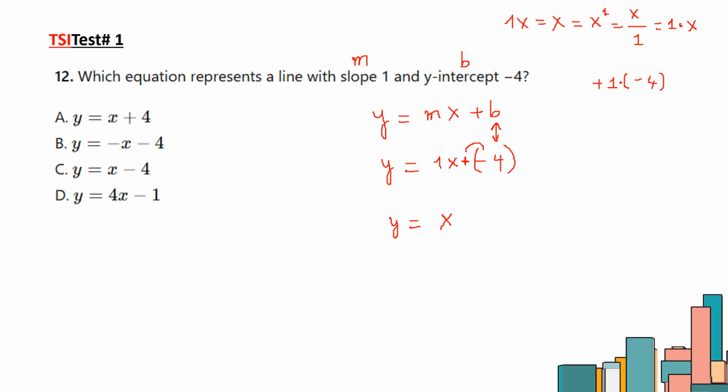But we have to understand that there is a positive 1 right there. So we distribute inside the parenthesis. You have positive times negative, that is negative, opposite signs produce negative, and then 4. So the correct answer is C.